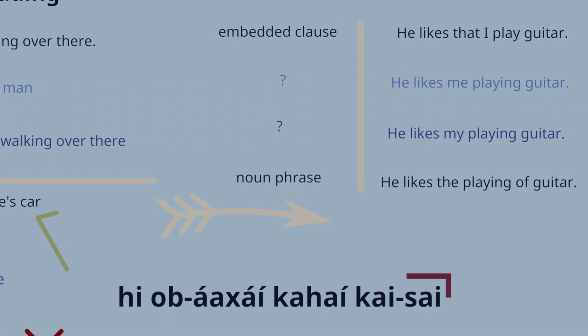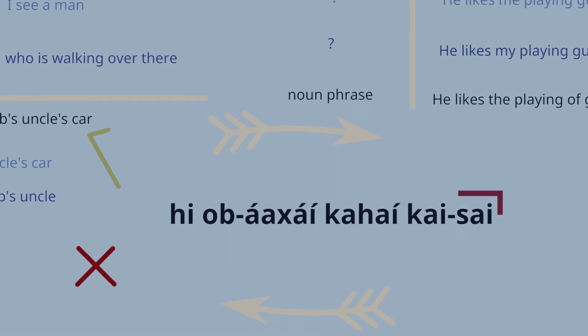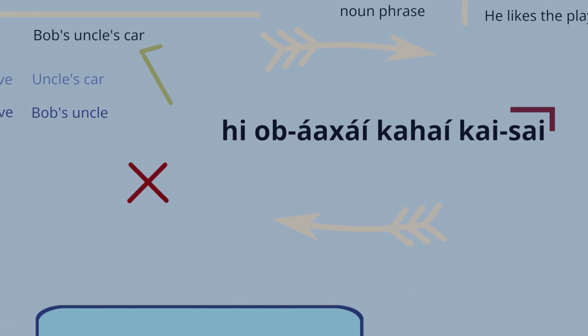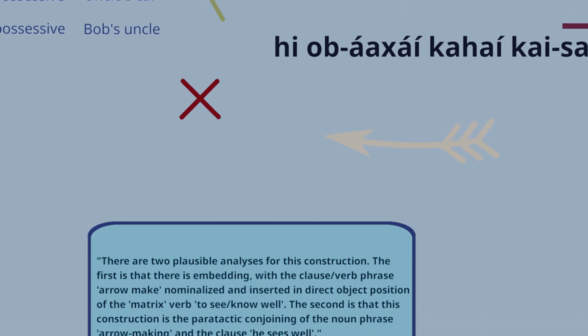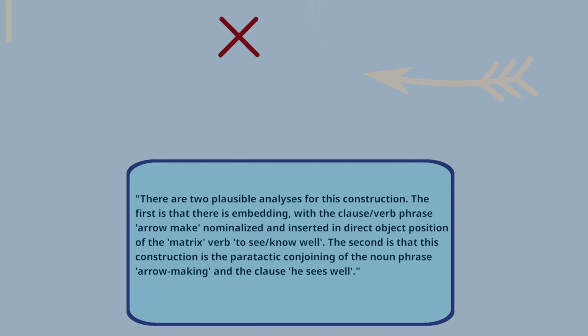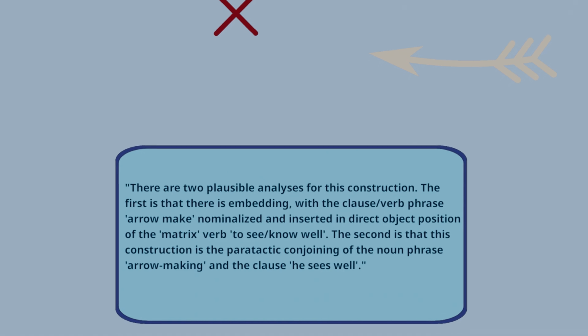In the 1980s, that's how Everett had analyzed this sai suffix. He thought it was used to nominalize clauses, and you could then embed those clauses inside other clauses. In his 2005 paper, he still says this is a plausible interpretation, but he offers another plausible alternative. Quote, there are two plausible analyses for this construction.